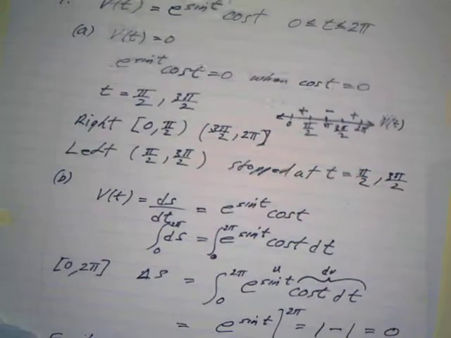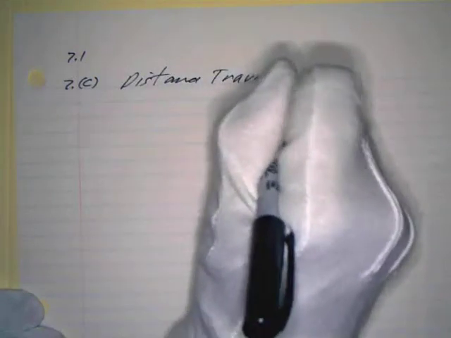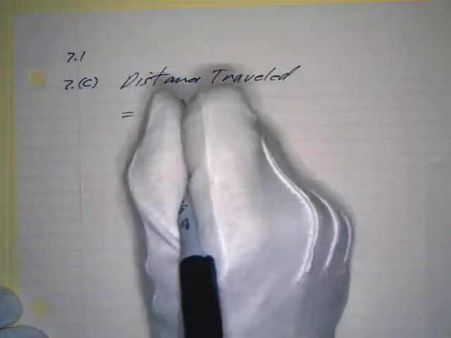Okay. And then the last part. We want to find the distance traveled, so the distance traveled, again, will be the absolute value of my integral from 0 to 2 pi of the absolute value of e to the sine t cosine t dt.